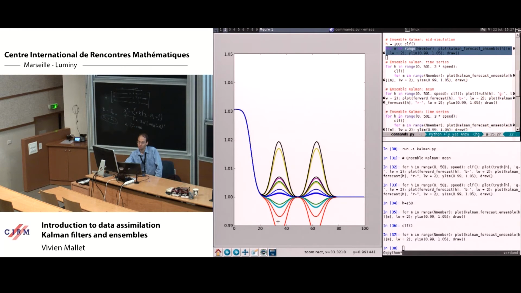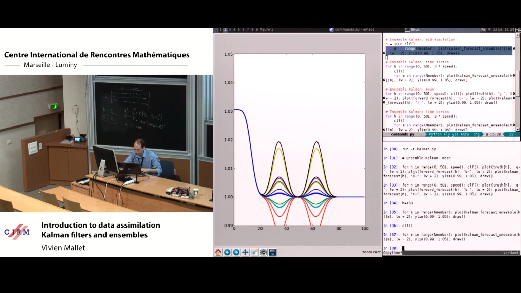You compute the difference to the mean, and then compute the empirical variance this way, and you will see these variances are high. That's why you have correlation, and when you observe at one location, you can also correct at the other one. So that's why it's so important to have proper estimation of that matrix B or PF. And the ensemble Kalman filter, if you sample your uncertainties properly, is going to give you the proper estimation, and then it's going to work very well.